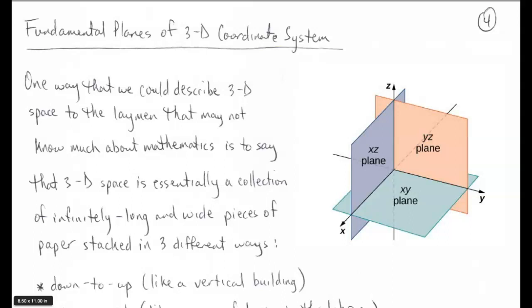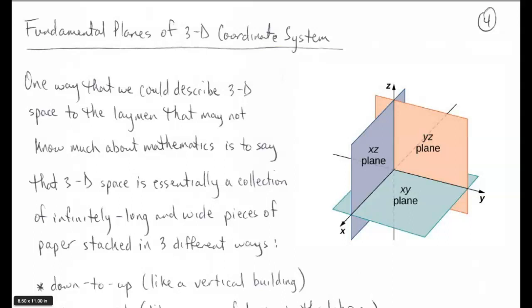And so an alternative way that we could think about this particular three-dimensional coordinate system is we could think of building it by taking infinitely long sheets of paper. And let's say we had a bunch of them.